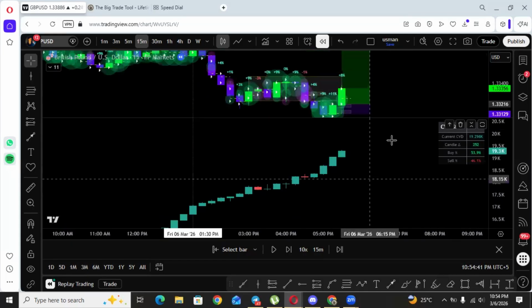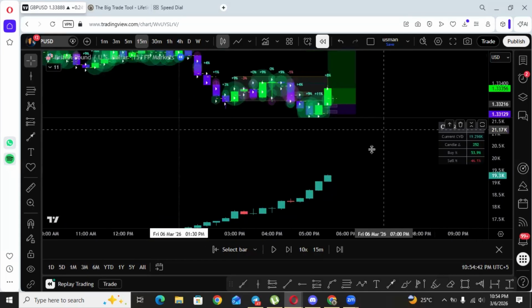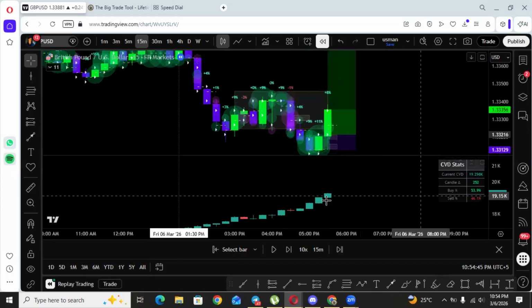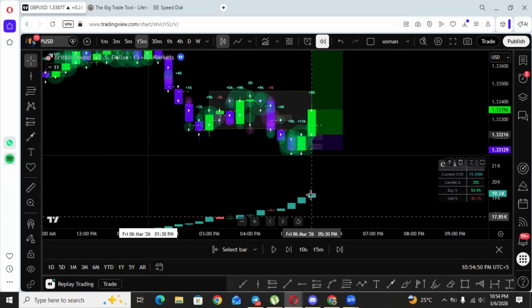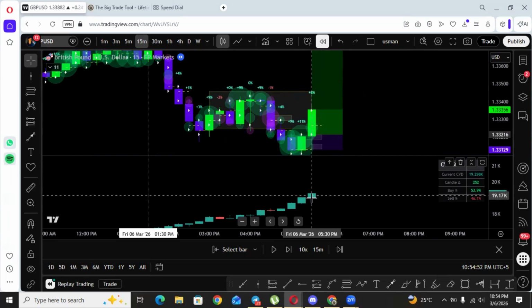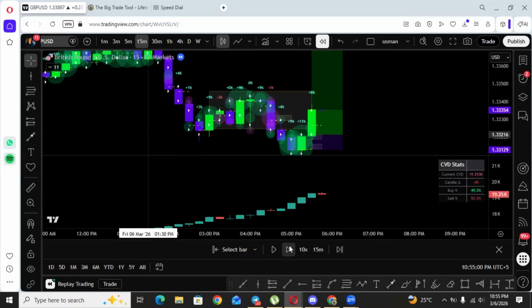Okay, so let's watch the chart and see the market is also showing buying aggression. The market is giving a follow through to the aggressive buying of the institutions. So let's play the chart. Okay, they are again trying to push the price down. And now what happened?